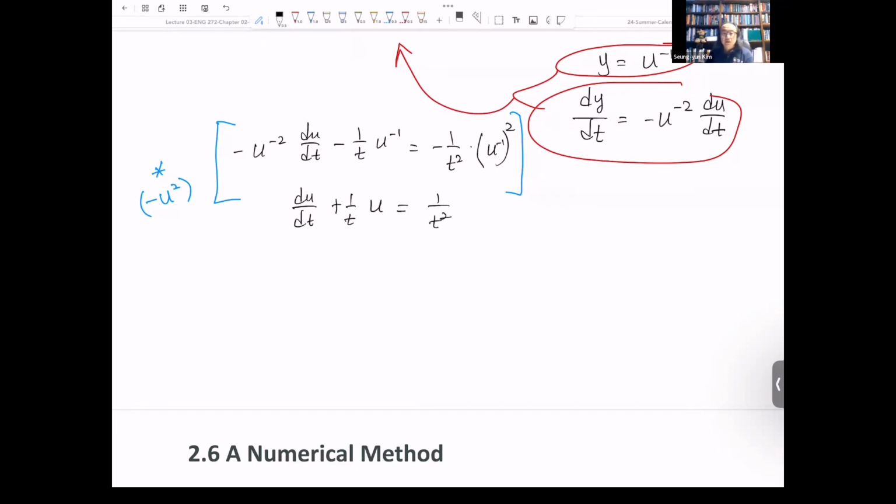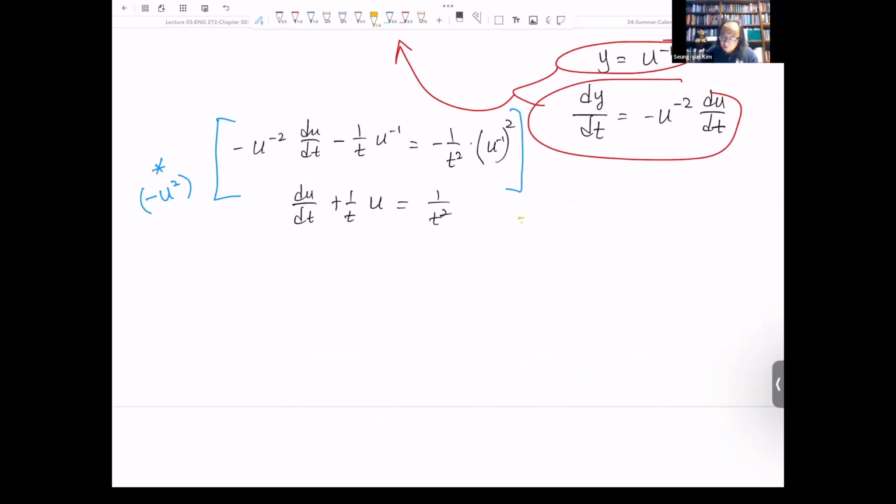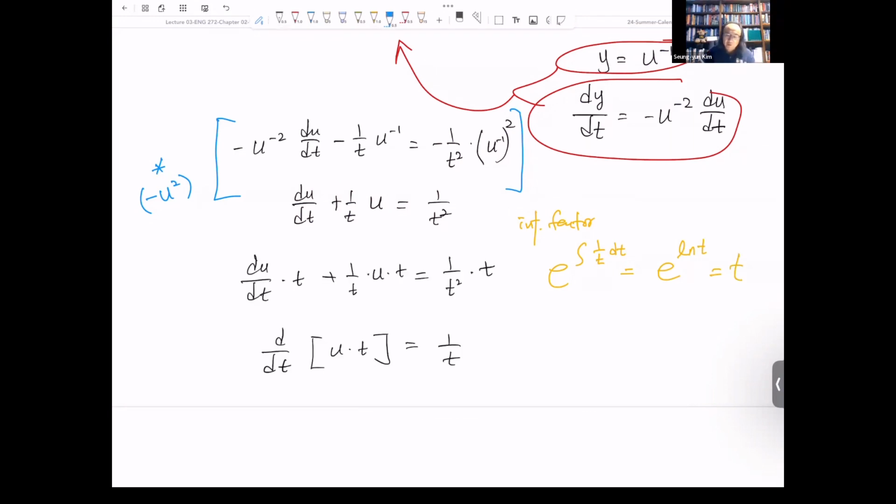Now it is linear. So we're going to work on the integrating factor. That is e to the integral of 1 over t dt, which is t. So multiplying t everywhere, the left-hand side becomes the derivative of u t.